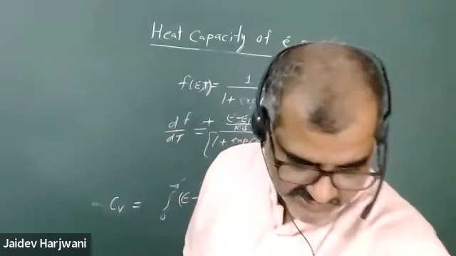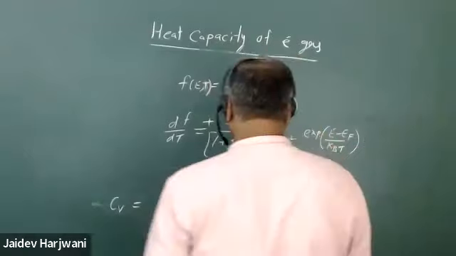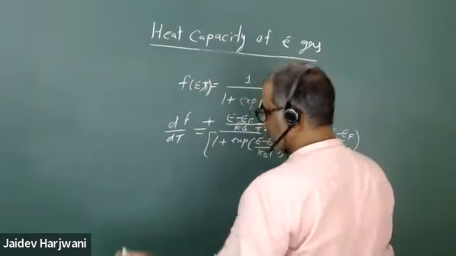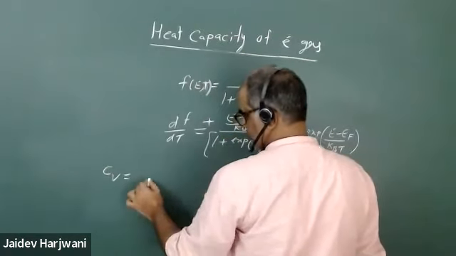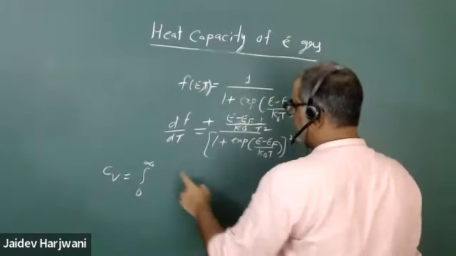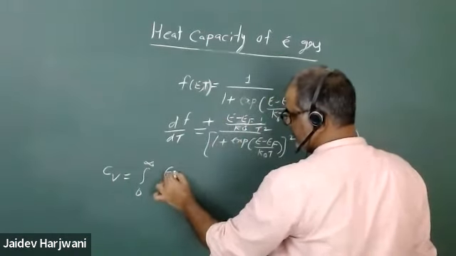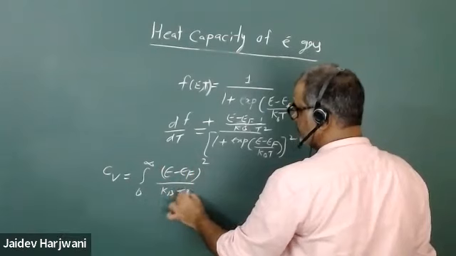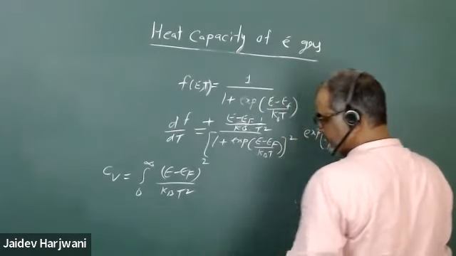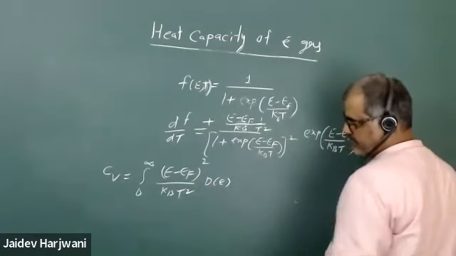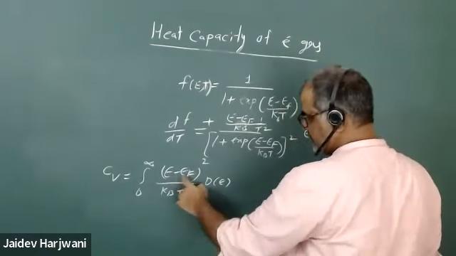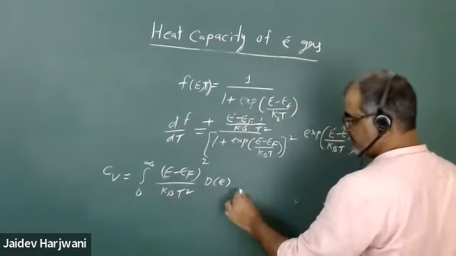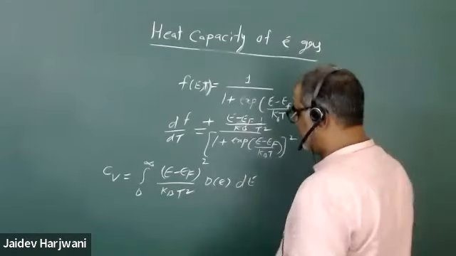Now let me plug this value in the integration. So I have the integration C_V, 0 to infinity. I have (E minus E_F) which becomes square, and k_B T square, then dE.